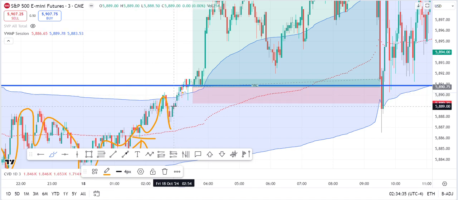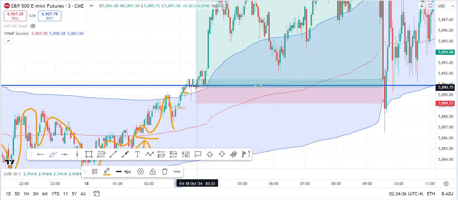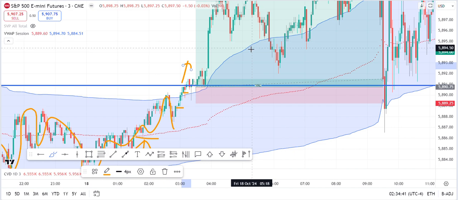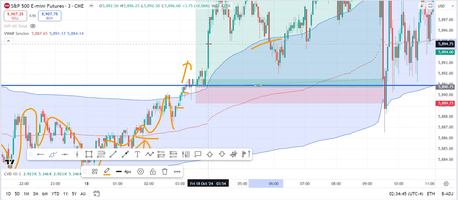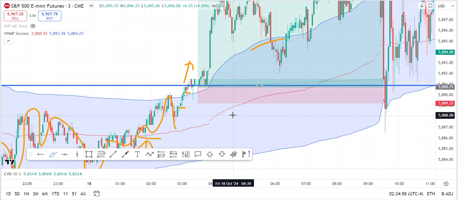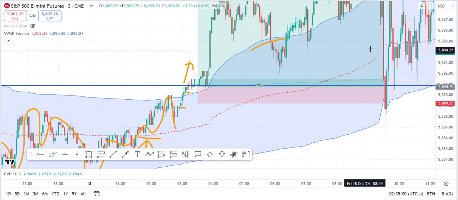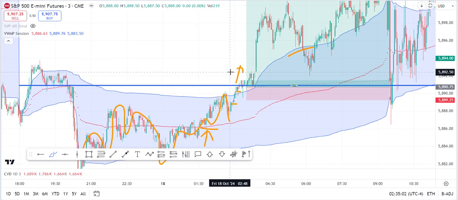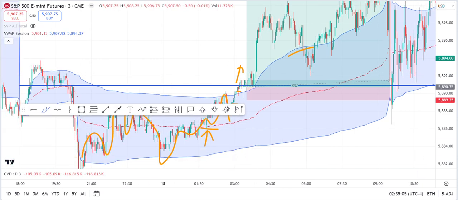You could have a stop below this candle, and you could go long all the way until it either accepts back into VWAP or hits target. I could go long there and then have a stop here. So I could have got long even at an even better price for the smaller stop, but I didn't because I have another method of entry, which is CVD.